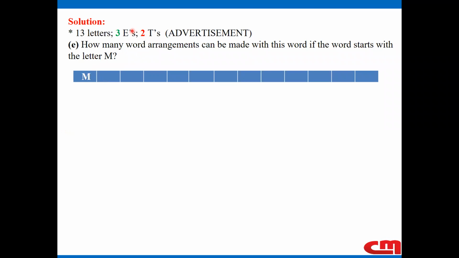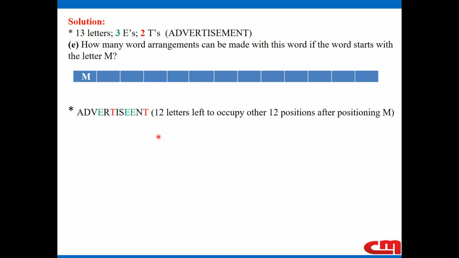So we subtract from 13, we are left with 12. To fill the other 12 positions, we first need to understand that in the word advertisement, the M is no longer there. We have removed it, but the E is repeating, the T is repeating. So 12 letters are left to occupy the other 12 positions after positioning M. So what does that mean?